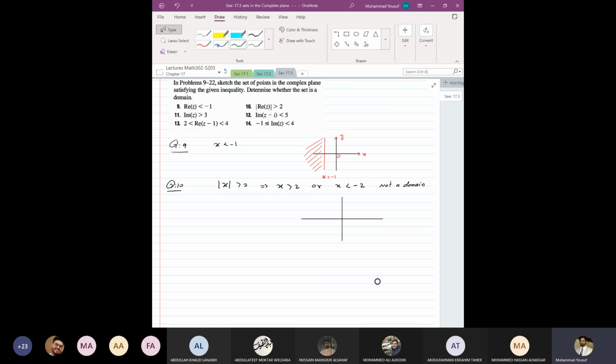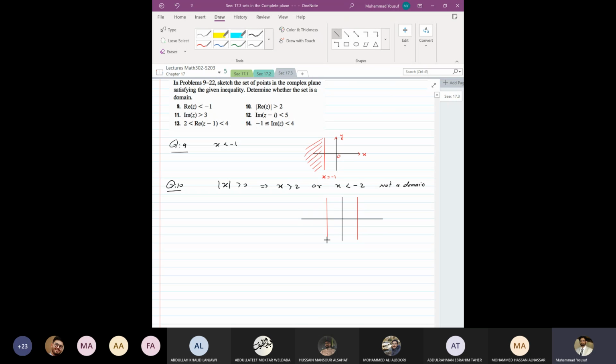And then we make a real line. One is with x greater than 2 and the other is with x less than -2.